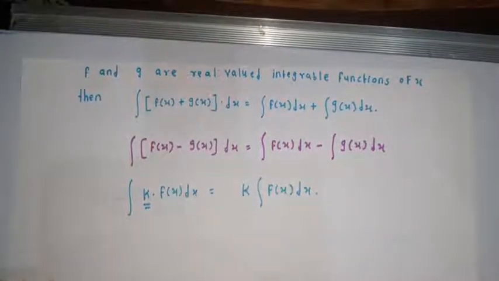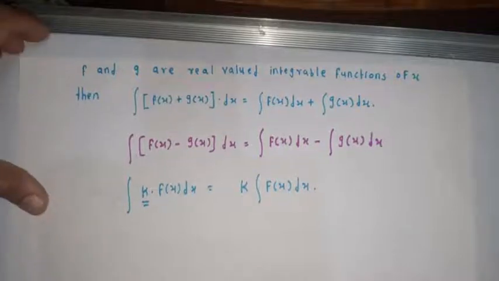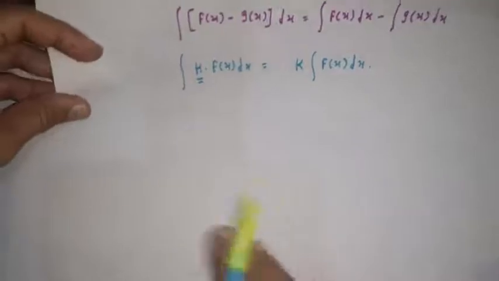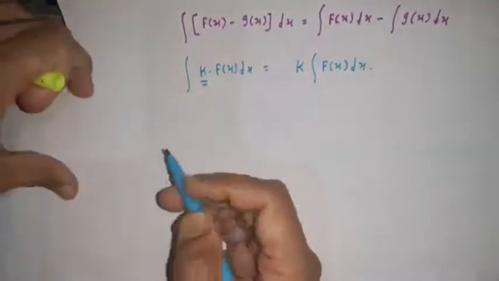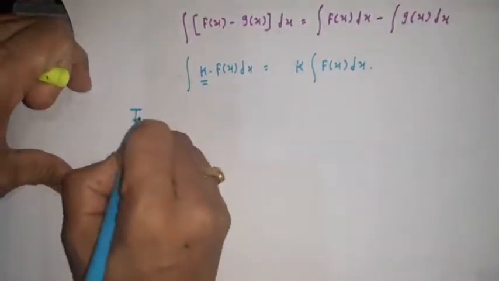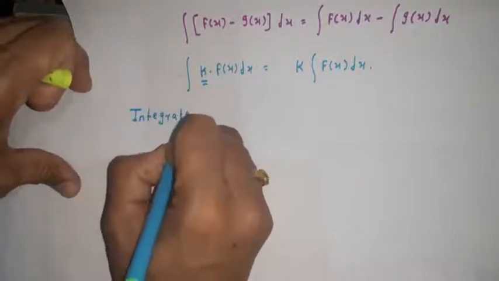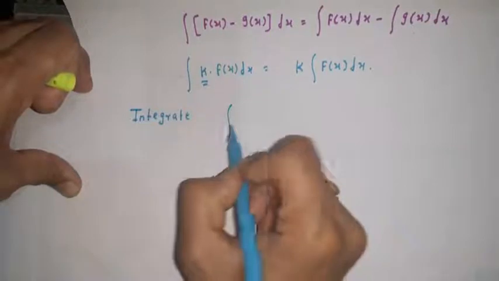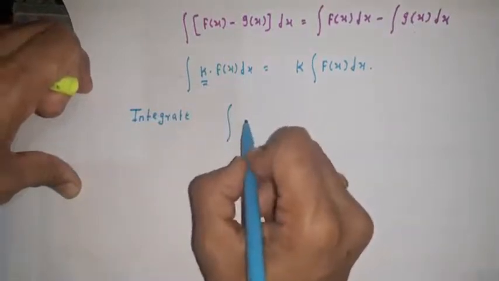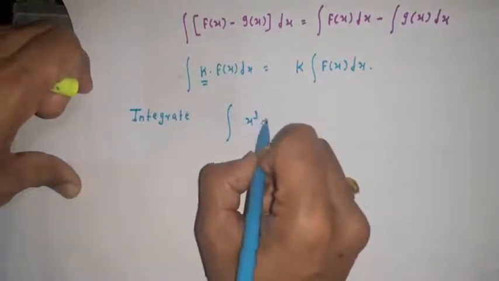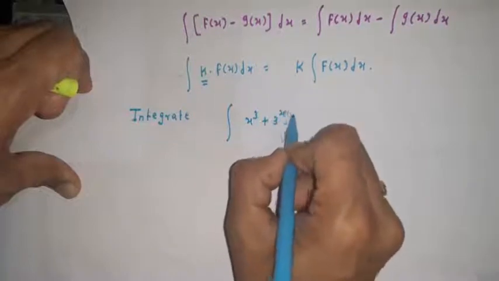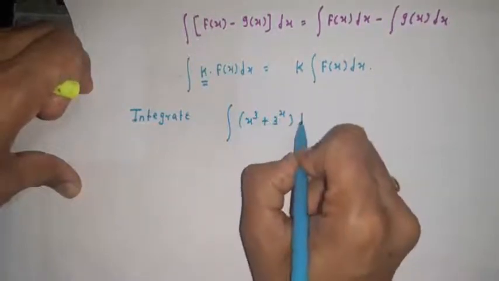Okay students, now let us solve an example of integration. So first, suppose the problem is: integrate x raised to 3 plus 3 raised to x with respect to x.